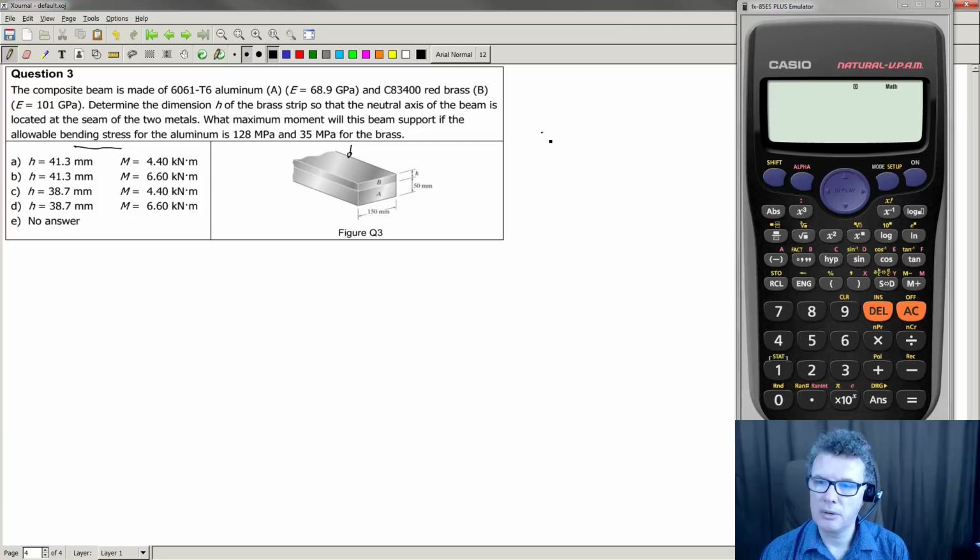So what I can do then is to take my B. Notice that my B is made out of brass. My brass has got a Young's modulus of 101, so I need this to create my diagram. My brass has a higher Young's modulus, which means it's stiffer.